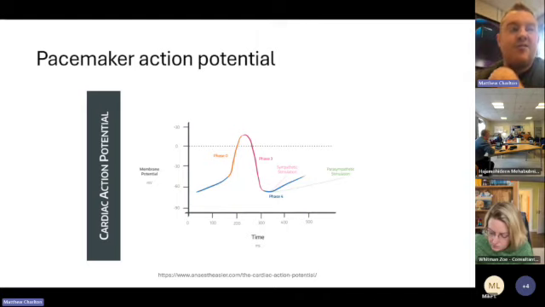That's when you've reached threshold potential, which in the pacemaker action potential is about minus 30 millivolts. At that point, you get opening of all the calcium channels, which means the membrane potential goes from very negative to very positive quite quickly. Alterations in the opening of those channels will change the angle of that slope, which we'll talk about a little bit later.